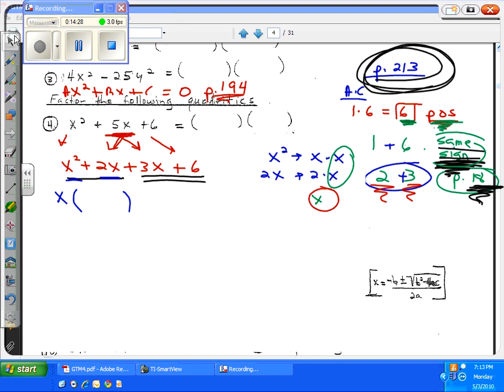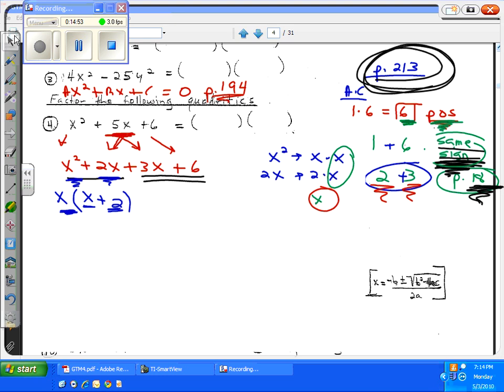There was only one common factor, so that's what we pull out, an x. So then we think, x times what will give us x squared? Well, x. When you multiply with like bases, you add the exponents. X times what is 2x? Well, 2, and it's positive, and so we have x times x plus 2.